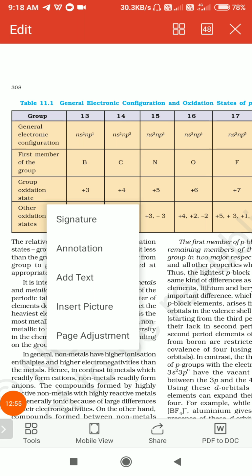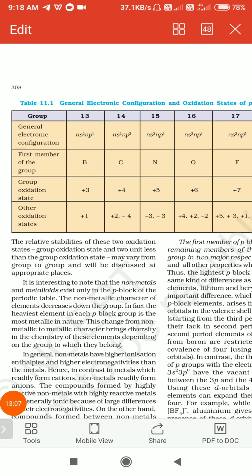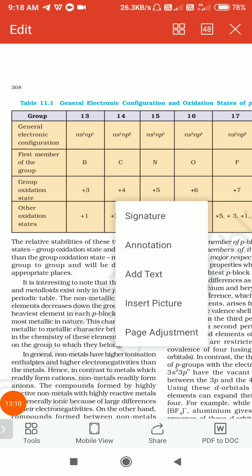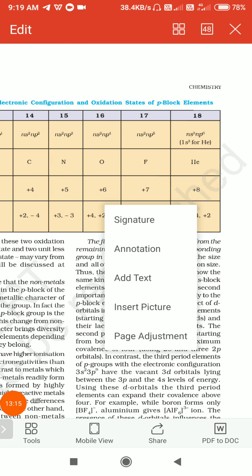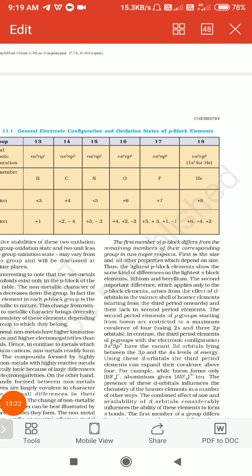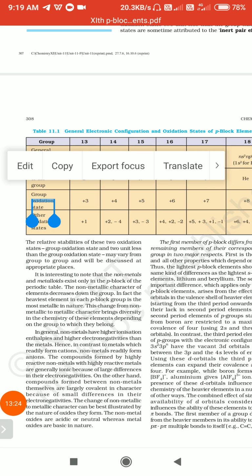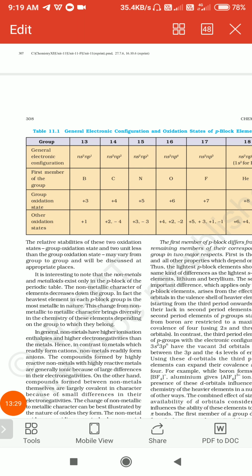The 13th group exhibits plus 3, the 14th group plus 4, the 15th group plus 5, the 16th group plus 6, the 17th group plus 7, and the 18th group plus 8. What do you understand from this? Are the oxidation state and the group number the same or different?